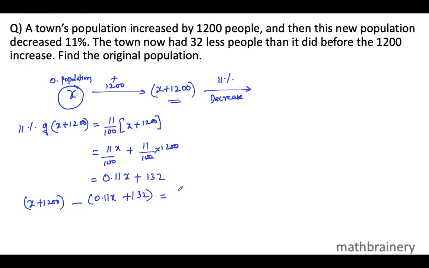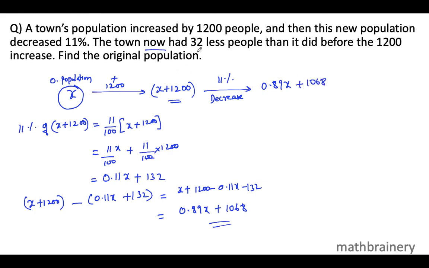This is x plus 1200 minus 0.11x minus 132. X minus 0.11x is 0.89x, plus 1200 minus 132 is 1068. So, this is the new population now: 0.89x plus 1068.